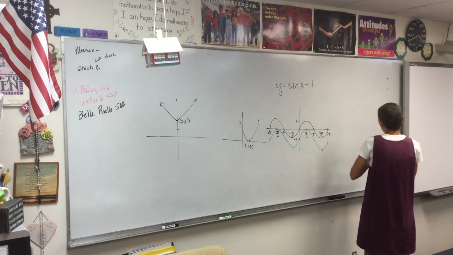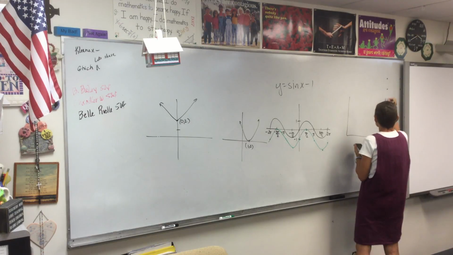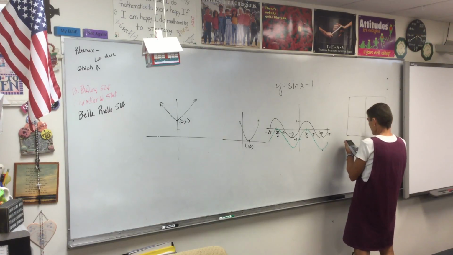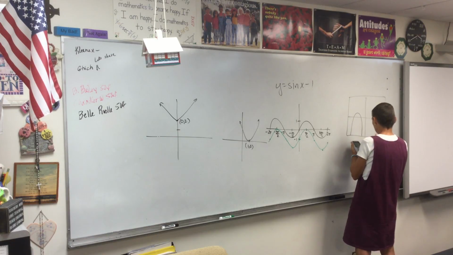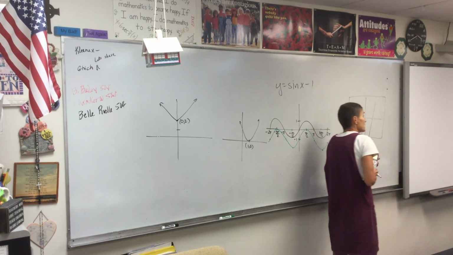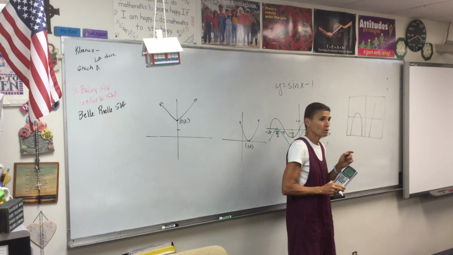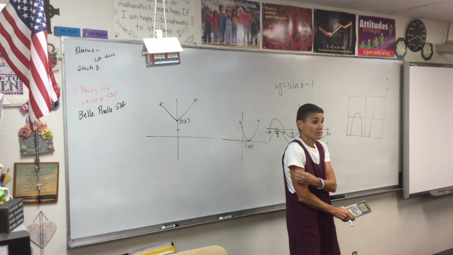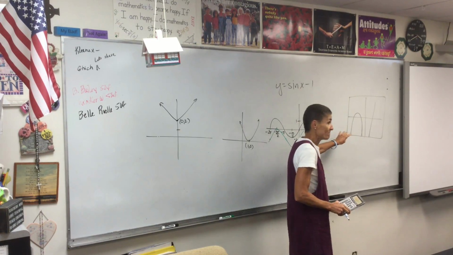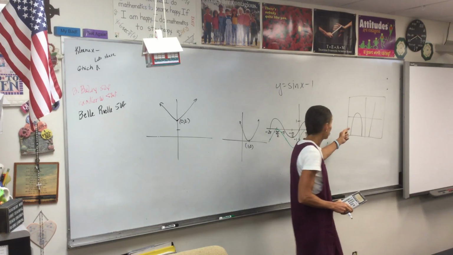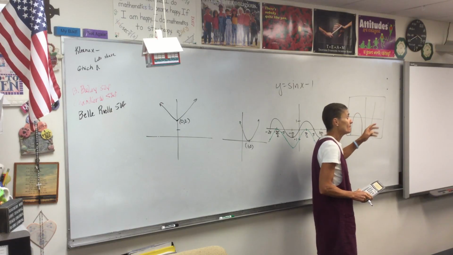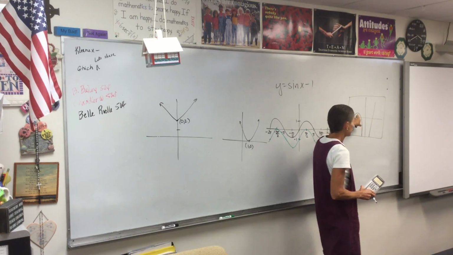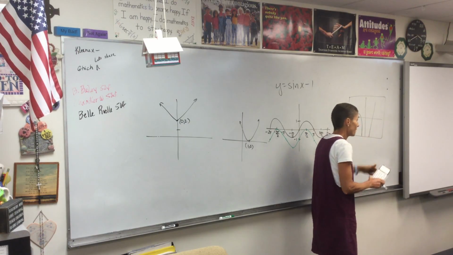Here's what I'm looking at right now on my screen. If I were looking for the zeros, this would be fantastic, because those would be these points right here. But this is not good enough though. I see my max, but I don't see my min.